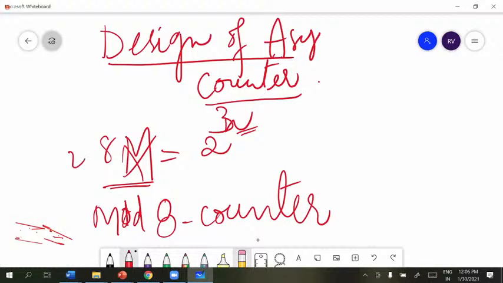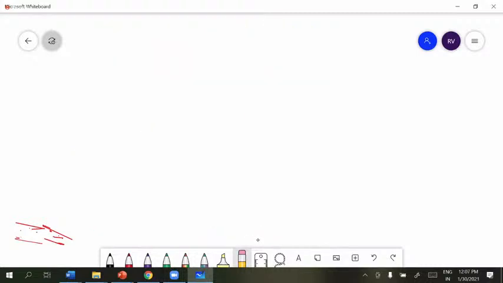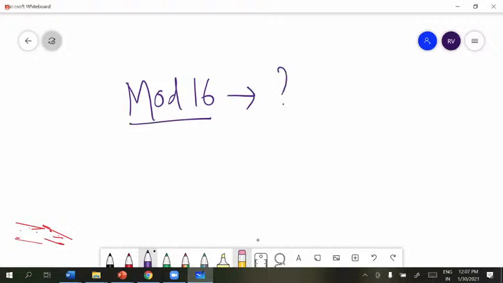We can equate the bases and we will get this, right? Similarly, if I ask you to design a mod 16 counter, what is its counting sequence, and how many flip-flops are required? 4 flip-flops are required.